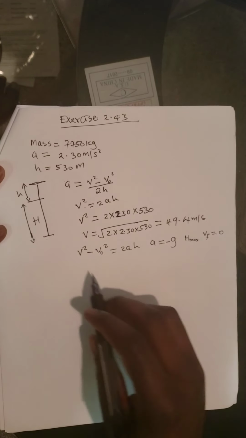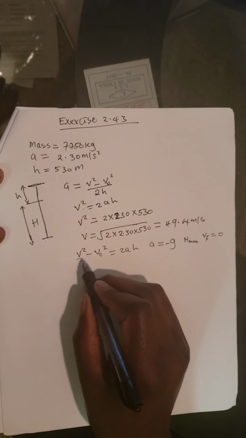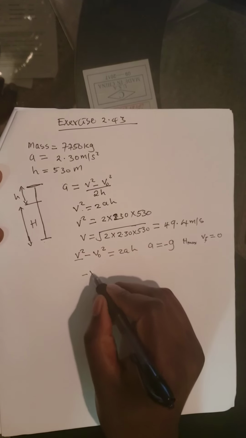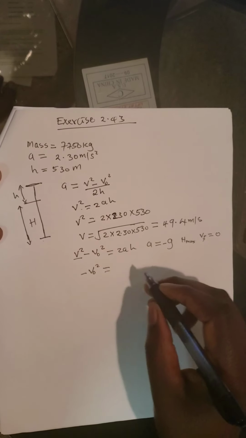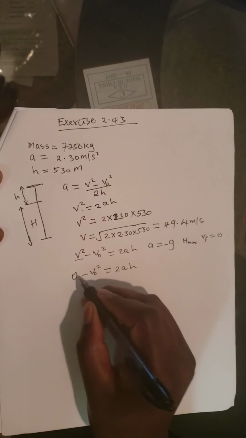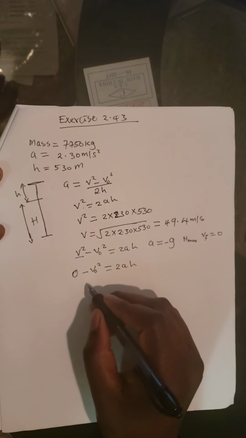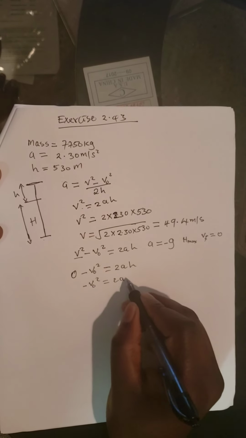So having that in mind, we're going to have the equation looking like this, because v is going to be 0. So we're going to have minus v naught squared, that's the initial velocity, equals 2ah, because this is like 0 minus that one. So we don't have to include that, and we're going to end up having minus v naught squared equal to 2ah.